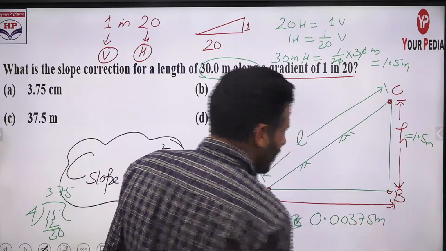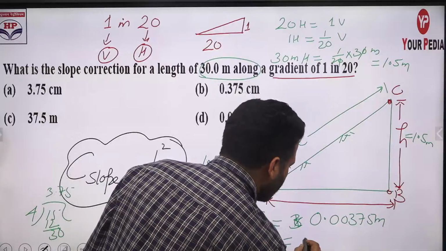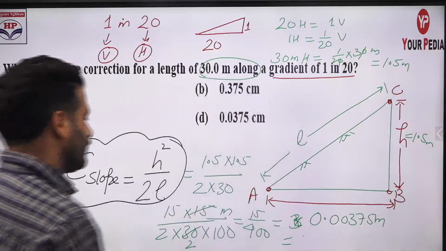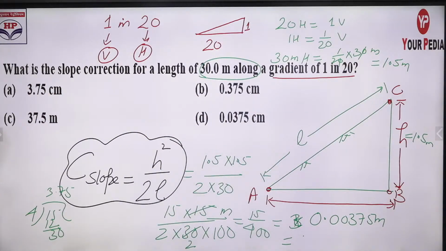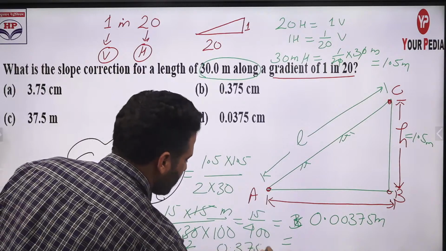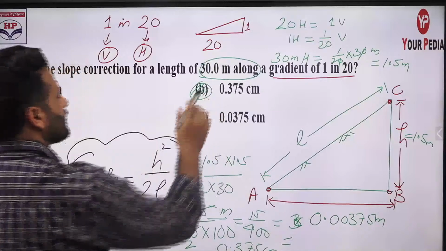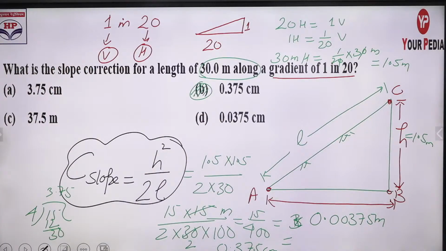So 0.00375 meter. And you know very well 1 meter has 100 centimeter, so just multiply it by 100, and you will get 0.375 centimeter. Just see the calculation part and you will get the correct answer. You need to focus on the calculation. Okay, 3.75. Just have a look at the calculation again.